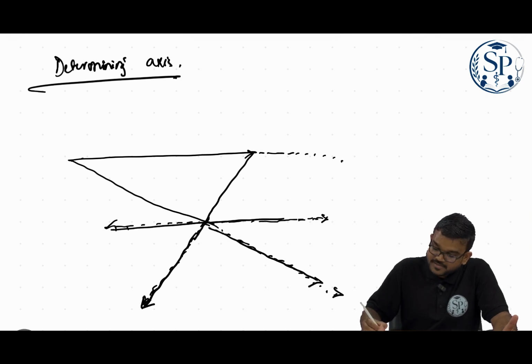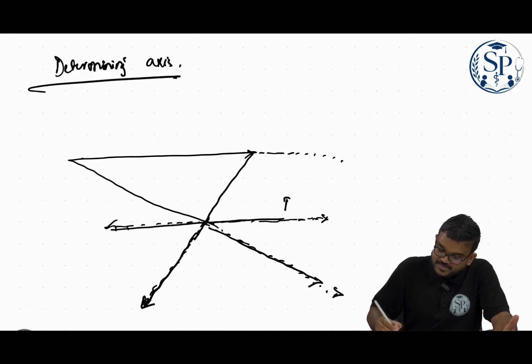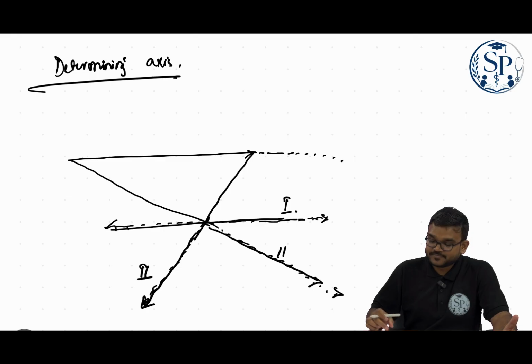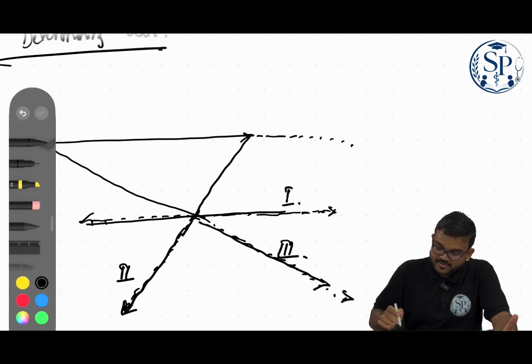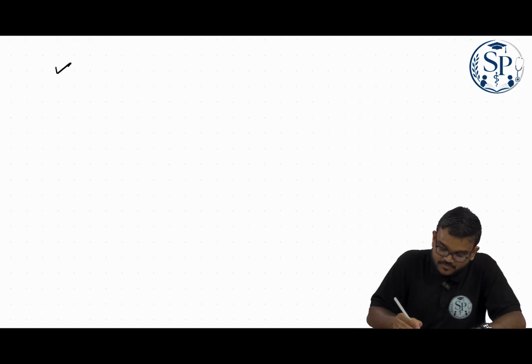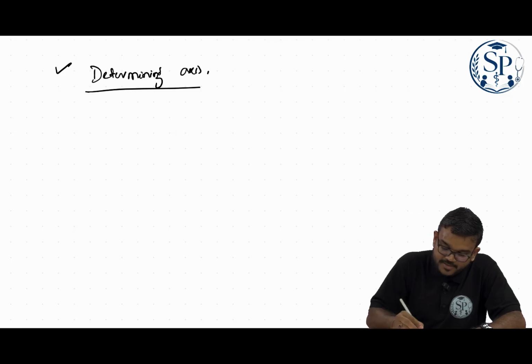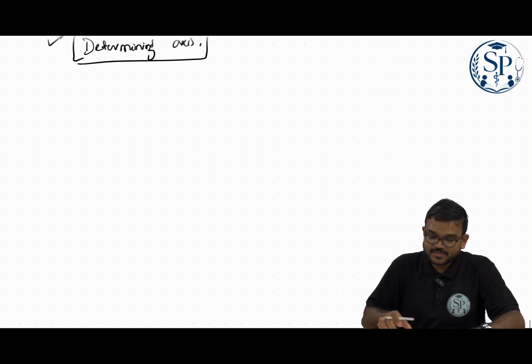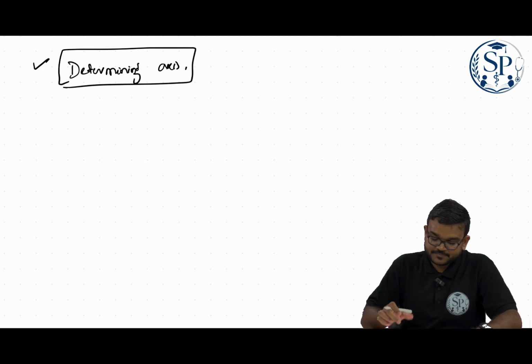So this is lead 1, this is lead 2, this is lead 3. Okay, now erase every other thing. Now you have to determine what is the axis of the heart.